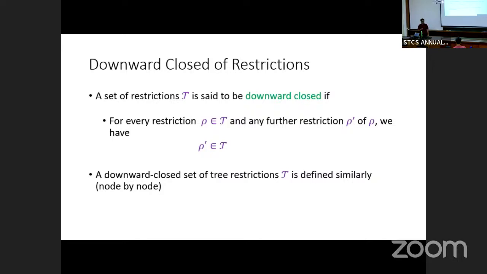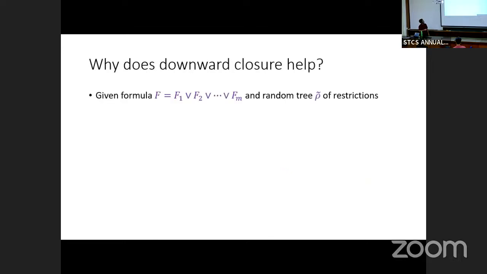And some intuition for why this helps is that when we go about proving our main lemma, we are trying to bound the probability that the depth of the CDT is at least t. So we write this as there being a long path in the canonical decision tree, and it's an OR of events which look like ANDs inside.